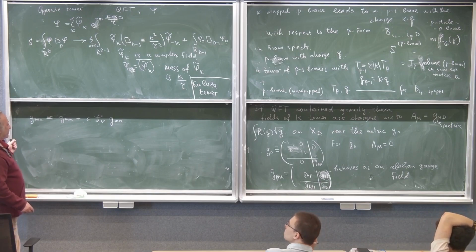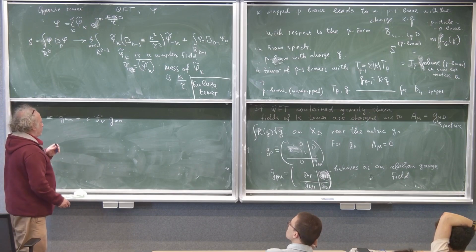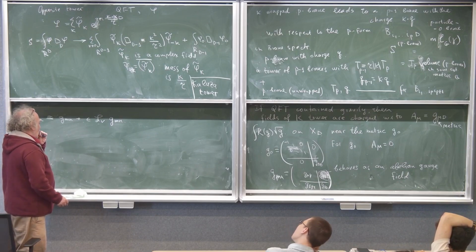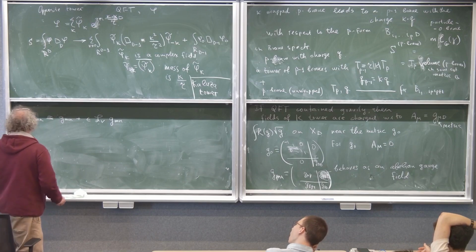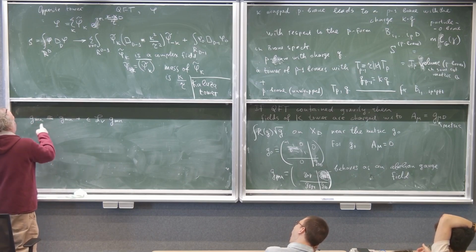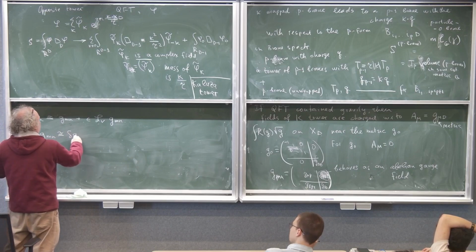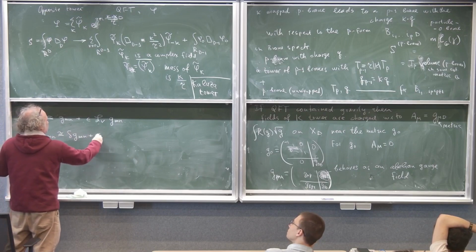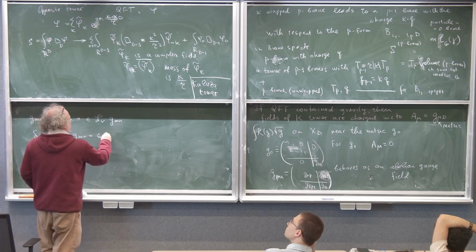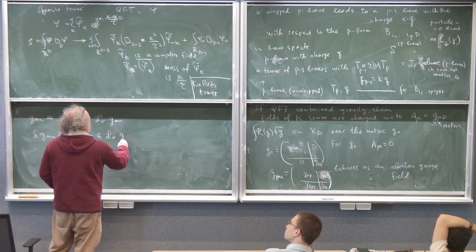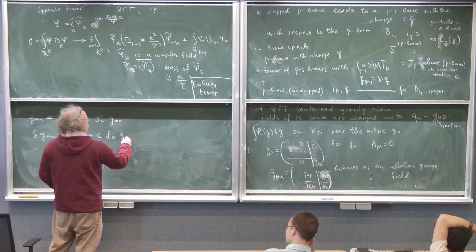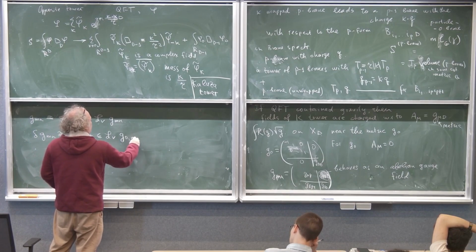Now, I will do the following. I will look at small changes of g_MN. So the change of g_MN is equivalent to the change of g_MN plus epsilon L_V g naught_MN.